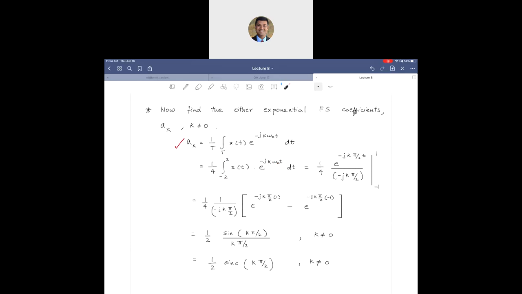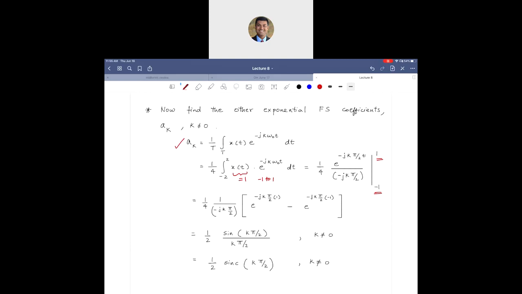X of t is 1 from negative 1 to 1. So you have changed the limits of integration here, and x of t was 1, so it simplifies to integrating e to the negative j k omega naught t, which is e to the j k pi over 2 t divided by negative j k pi over 2.